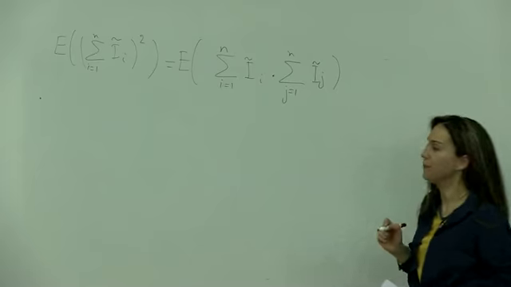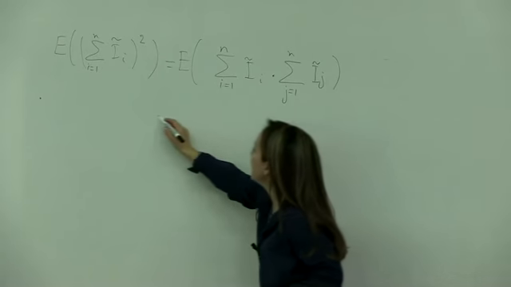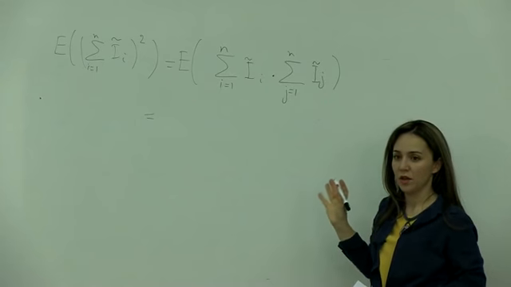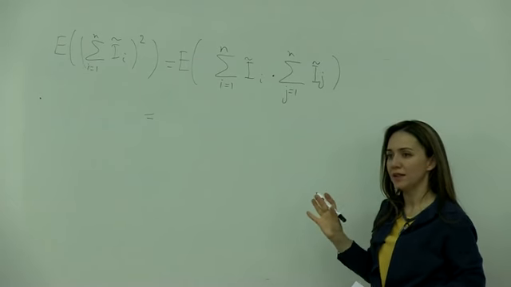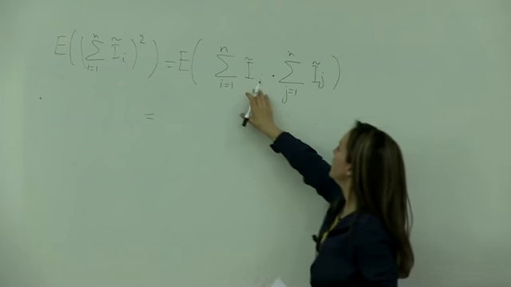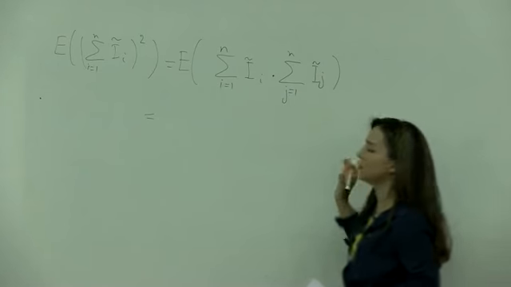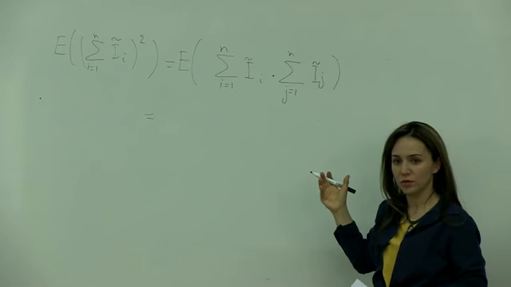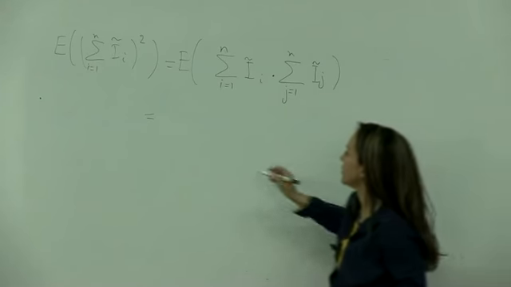Right, no problem. But I can write this in the form of two summations. I would like to collect the i equals j terms in one summation and the cross terms in another summation.